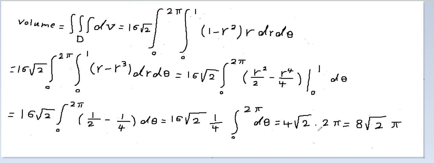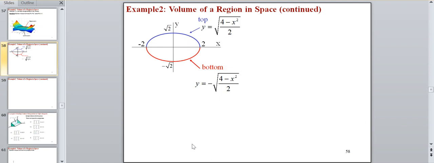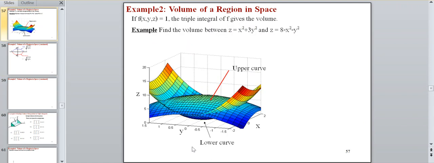So the product becomes 8 root 2 pi. This is the answer to this question, which is the volume of this solid in three-dimensional space.